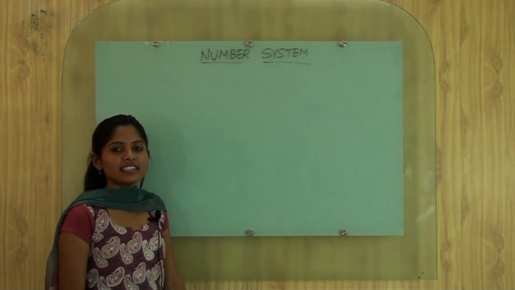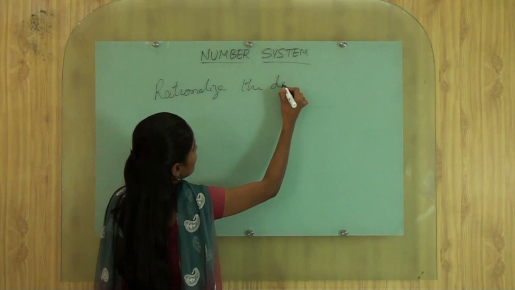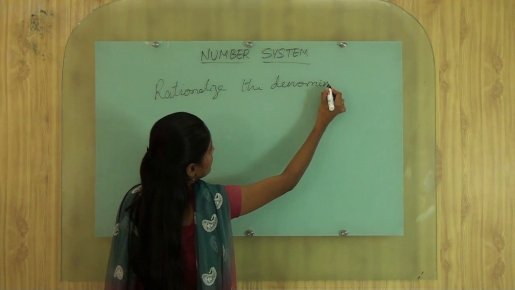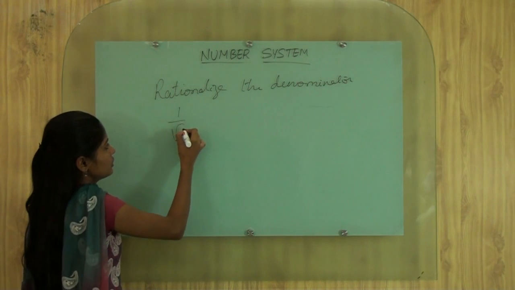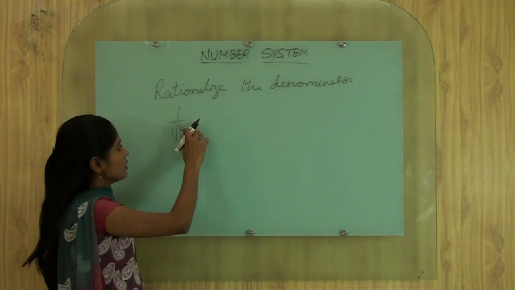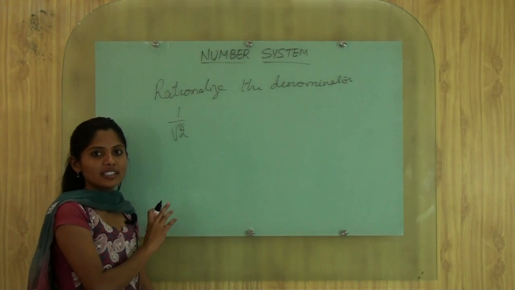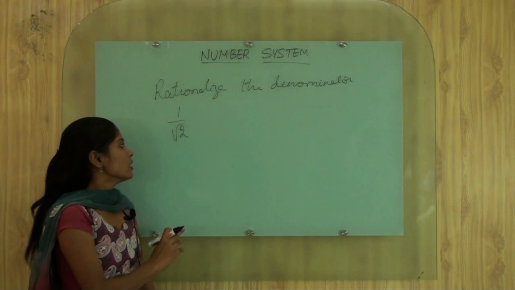Rationalize the denominator. 1 by root 2. This is an irrational number or a real number. We have to rationalize the denominator. What do you do?